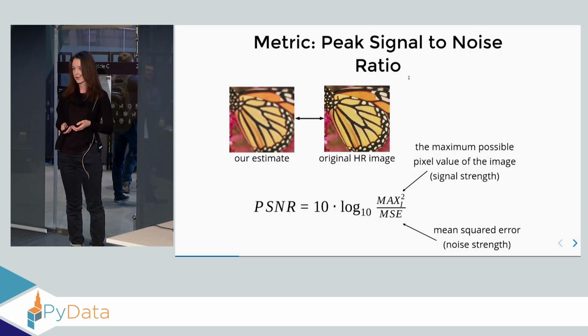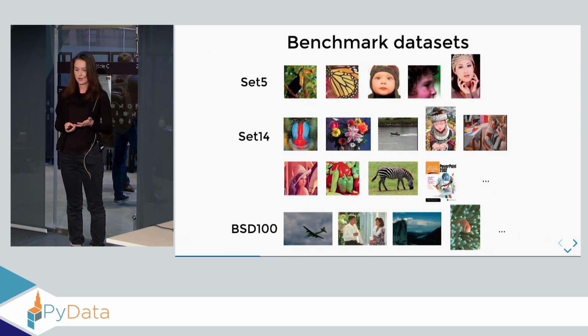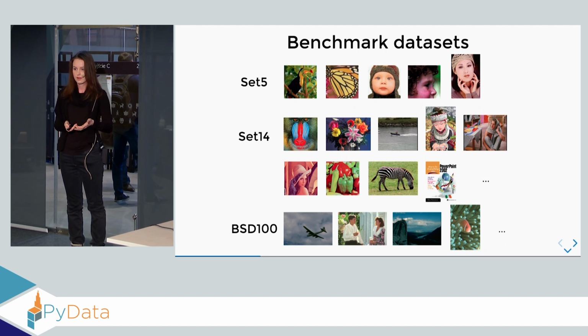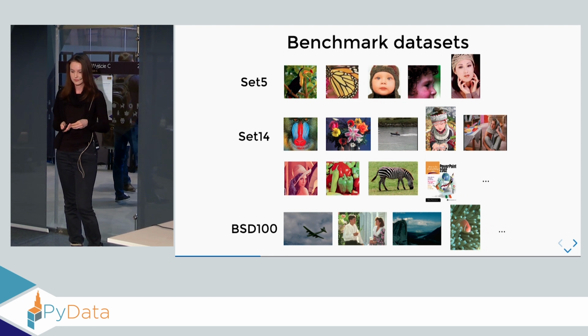We need also some benchmark data sets. And what is commonly used is the Set5, Set14, and Berkeley segmentation data set. These are the data sets that most papers refer to, computing the average PSNR on these images.